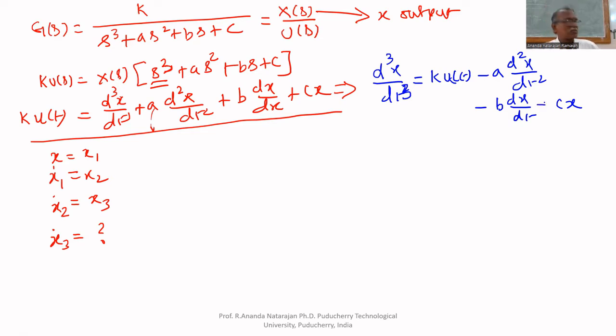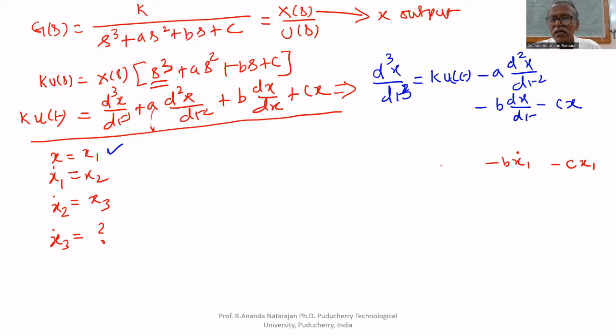Minus cx. So now what we assumed? X equal to x1. That's why we can write this as cx1. What is dx by dt? Minus b x1 dot.